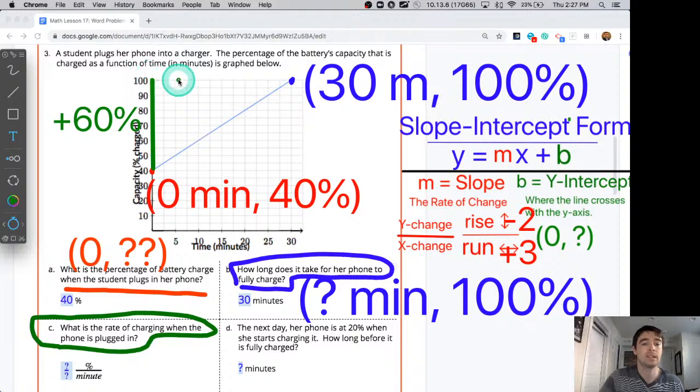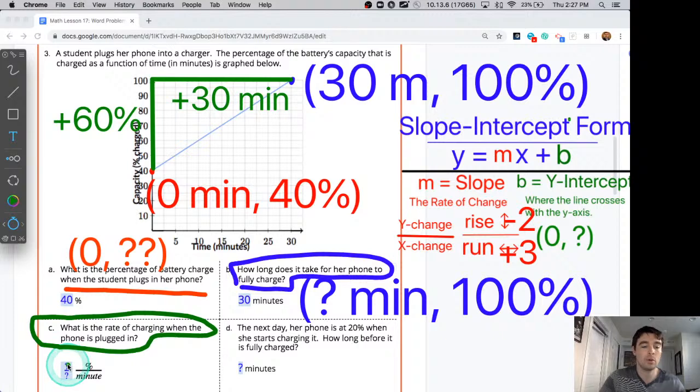And to gain that 60%, we want to take a look and say how long or how much run was there to make that happen. We went from the 0 minute mark all the way to the 30 minute mark, so that tells us it must have taken an additional 30 minutes in order for us to charge 60% of the phone. So that's how I'm going to get to my ratio.